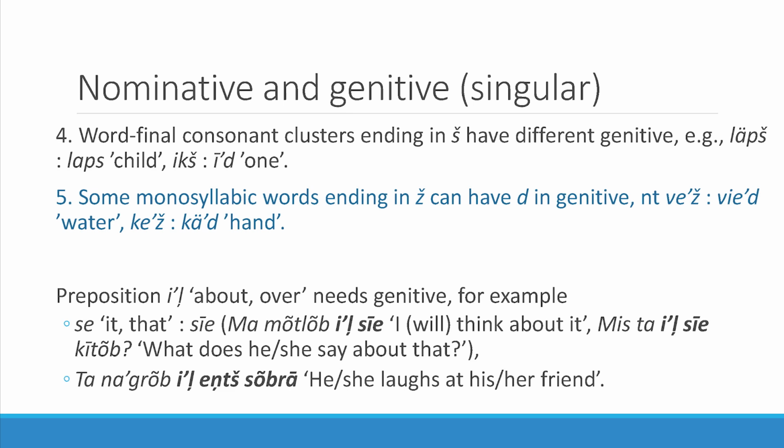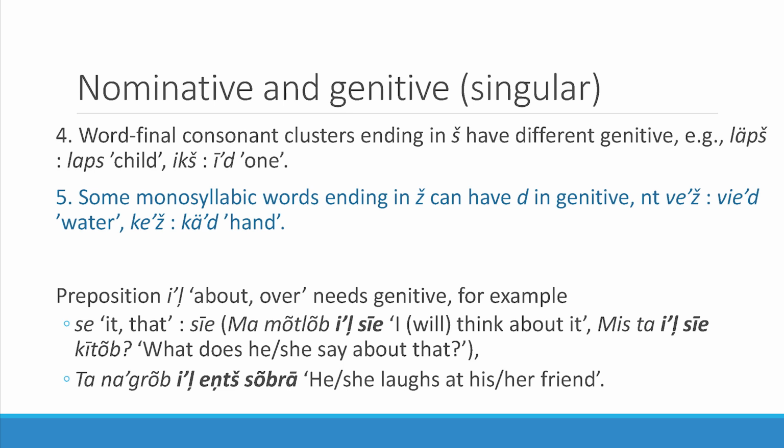And there's another example, the number one, it's ikš, but in genitive it's id. So the vowel is lengthened, and there's this d in the end of the word.